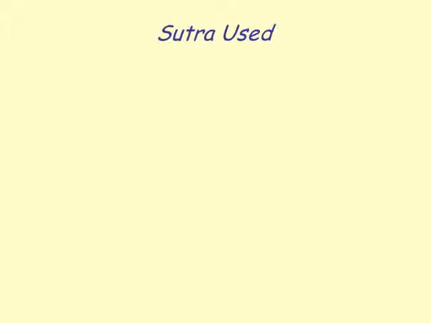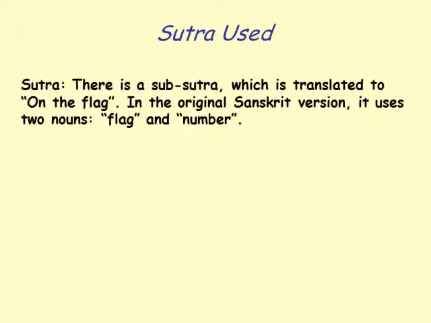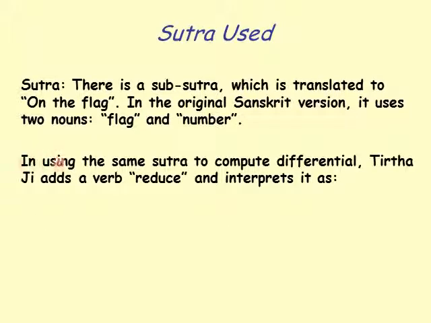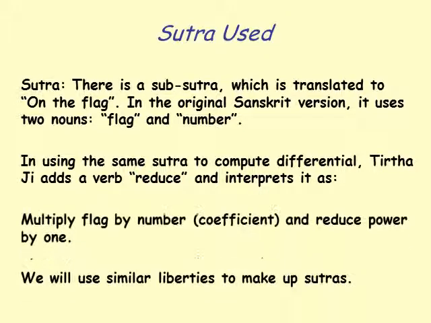Okay, sutras. Let's see what we are going to do with sutras here. There is a sub-sutra which is translated as "on the flag." In the original Sanskrit version, it uses two nouns, flag and a number. In using the same sutra to compute the differential, Tirthaji adds a verb, reduce, and interprets it as: multiply the flag by the number, which is the coefficient, and reduce the power by 1.